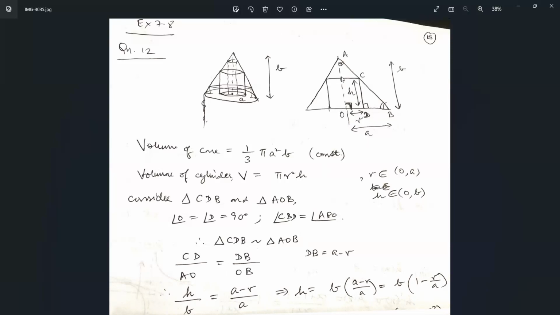So CD divided by AO gives us DB divided by OB. So we have the similar triangles formula which we are using here. And DB we can write as A minus R here, and OB is A. Similarly, CD is H and AO is B, height of the cone. So we rewrite this here and take B to the RHS, and I can write H as B into 1 minus R by A.